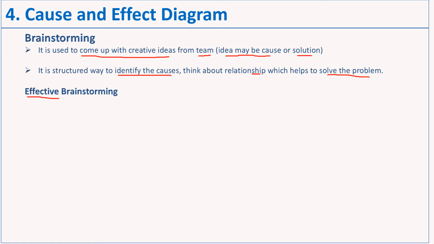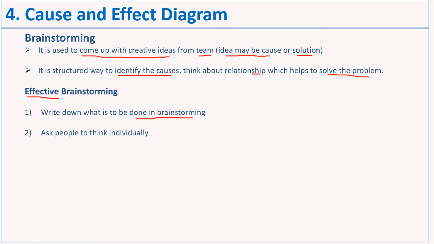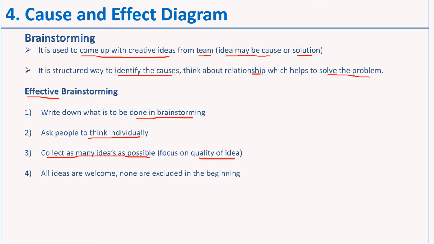We have to list this down. First, write down what is to be done in the brainstorming. Then ask people to think individually. Then collect as many ideas as possible. Our focus should be on the quality of ideas. All ideas are welcome, and none should be excluded in the beginning. There should be no discussion on ideas.